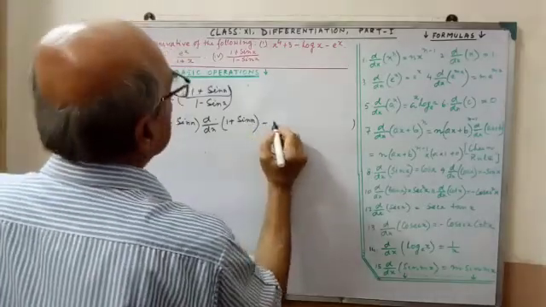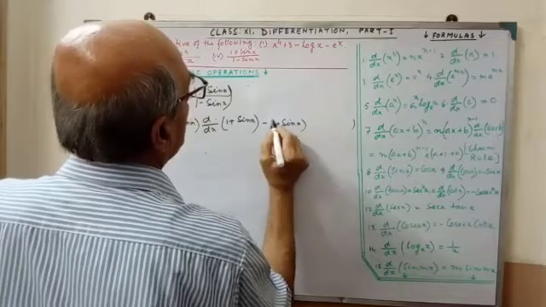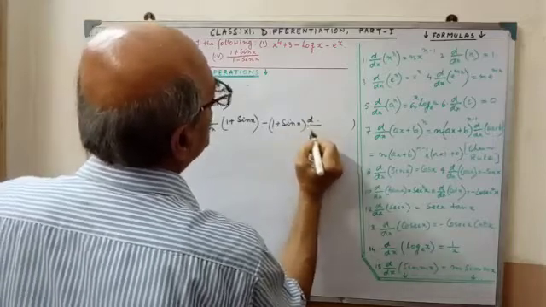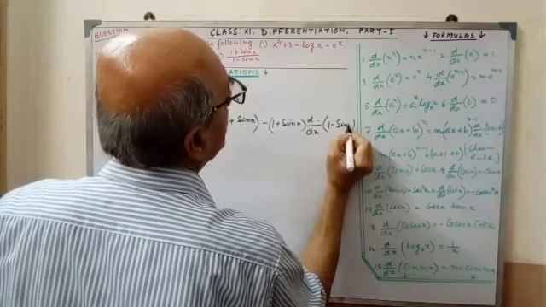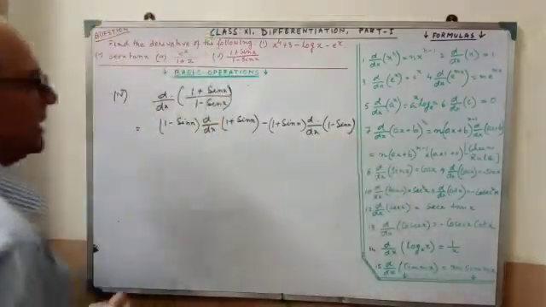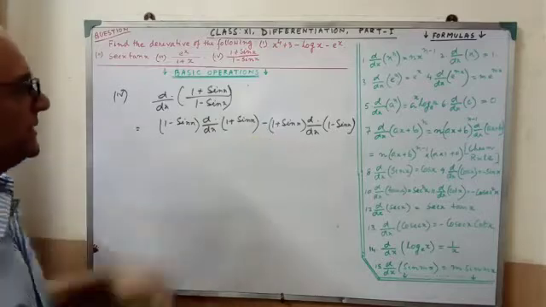Now minus, the numerator 1 plus sin x is unchanged, and the differentiation of 1 minus sin x. I think by applying the basic operation we are getting this.